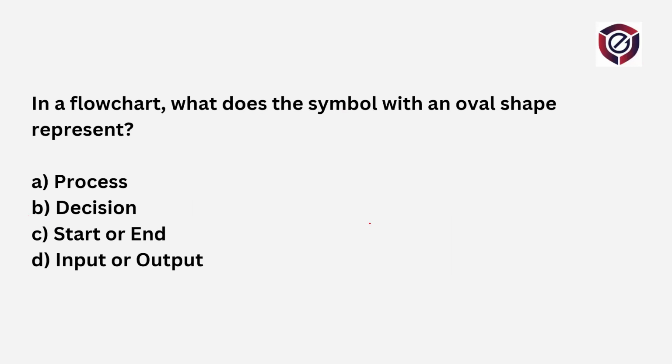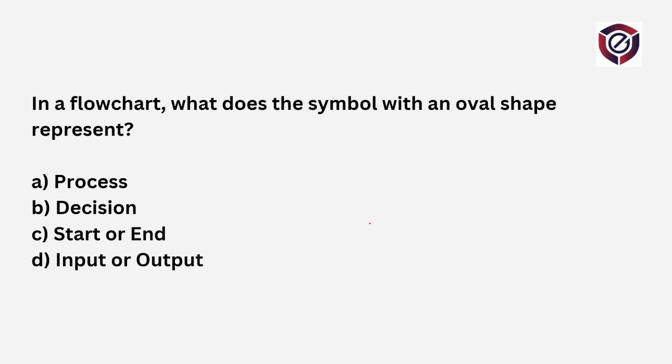In a flowchart, what does the symbol with an oval shape represent? We know there are different symbols, like the oval symbol for something, the diamond symbol for something, rectangular for something. In a similar way, the oval symbol represents the start or the end.